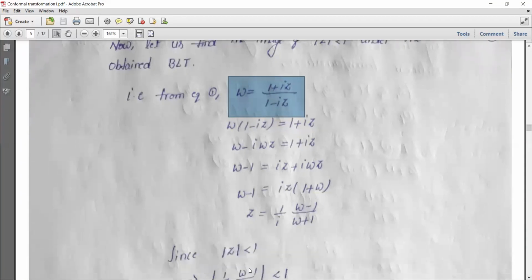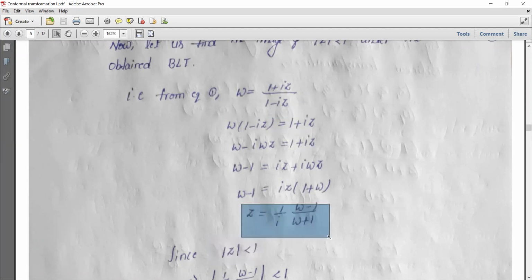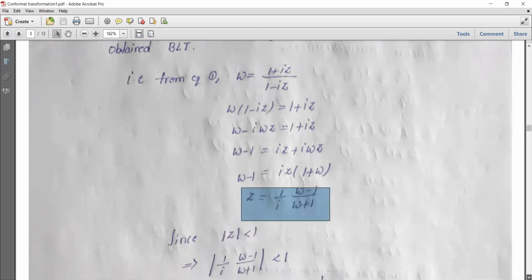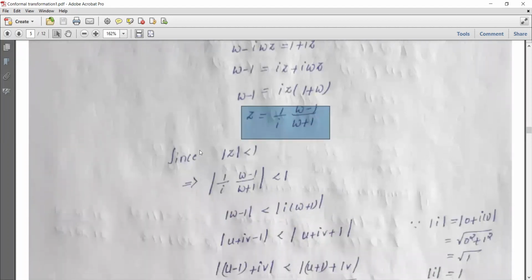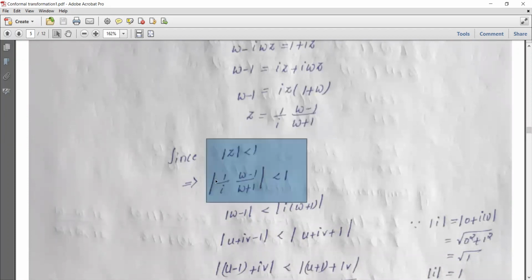Now take the image. What is that image? Mod z less than 1. But z, what we found here, is 1 by i into (w minus 1) by (w plus 1). So substituting here, we will get mod of 1 by i into (w minus 1) by (w plus 1) less than 1.